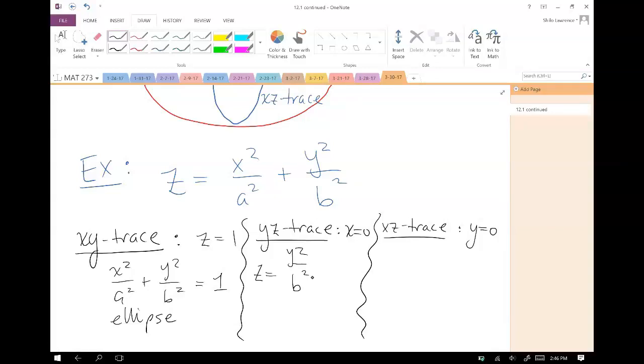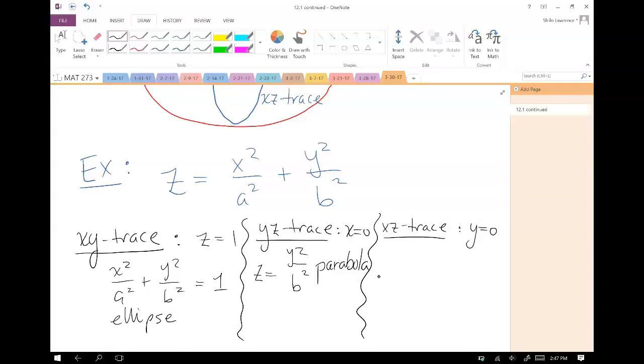It would be a parabola. If one was linear and the other was quadratic, it would be a parabola. So this is a parabola. We need to know what direction it opens in. So again, think back to algebra class. Y equals x squared opens in what direction?